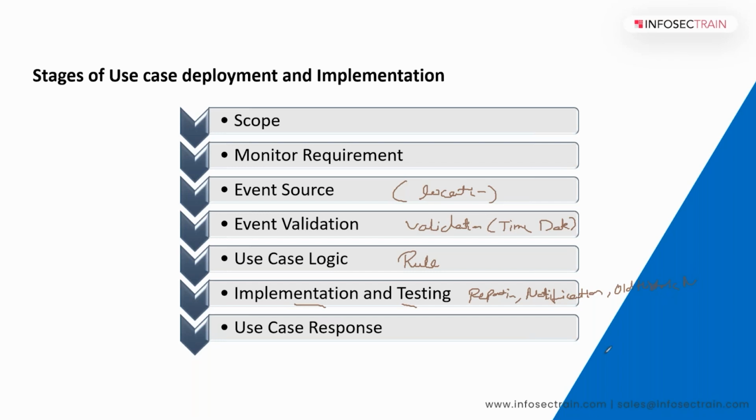And then action: act on that incident. What action are you going to perform, how are you going to start incident handling, and how is your forensic team going to respond?